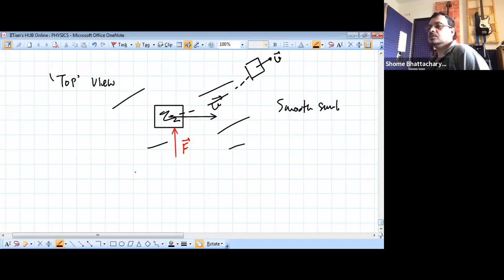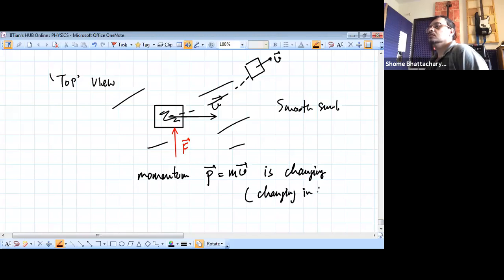In this case also, the momentum of the body, which is mass into velocity, is changing. But changing in what manner? Changing in direction, due to a perpendicular force applied.